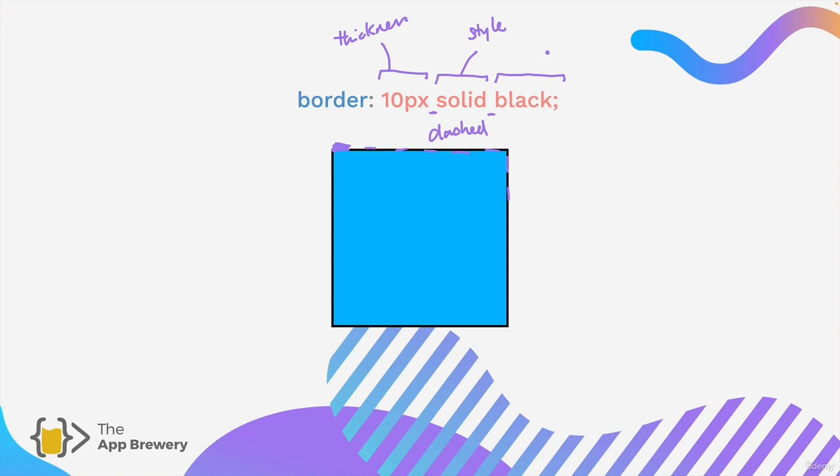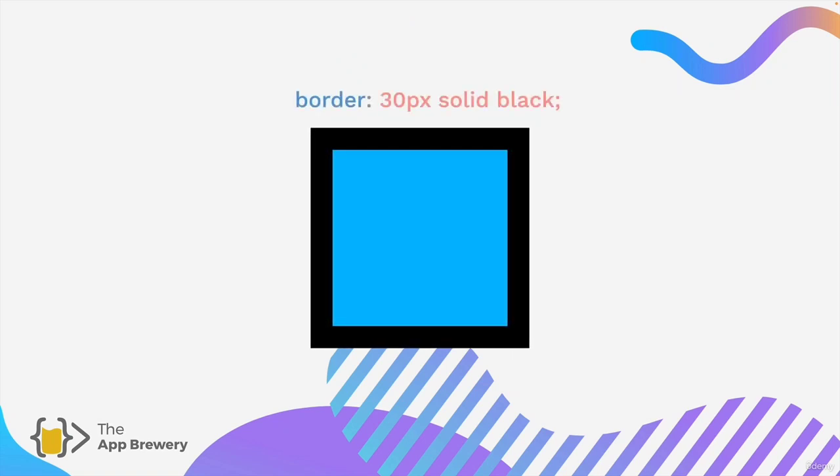And finally, we've got the color of the border, which you can set to any named color or hex color, as we've covered in the color properties lesson. These three items together determine what the border should look like. So if I was to change the border from 10 pixels to 30 pixels, then we would get a lot thicker of a border.